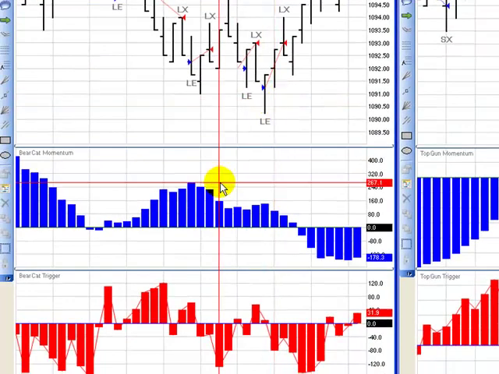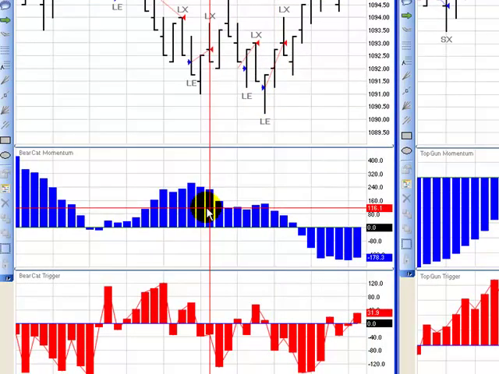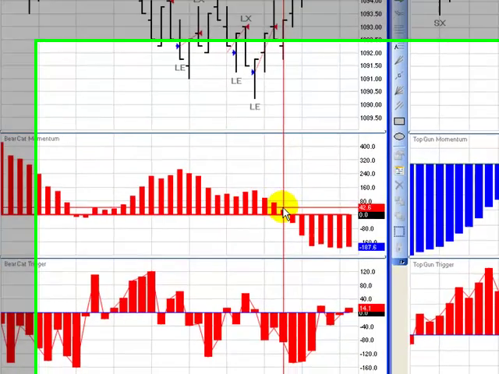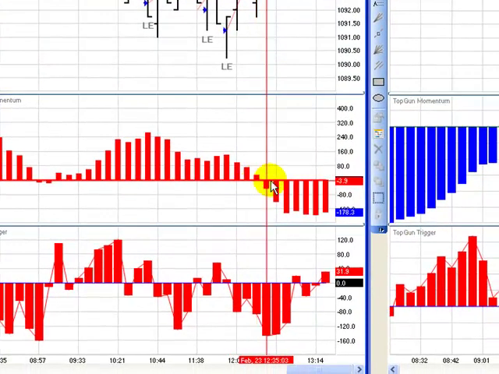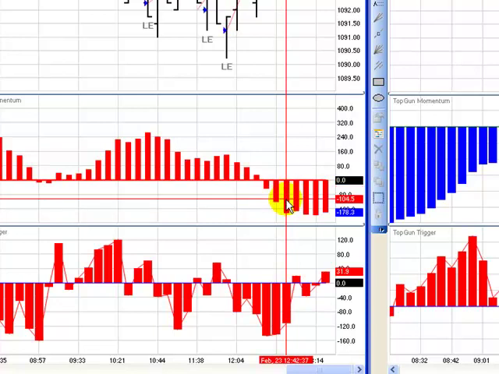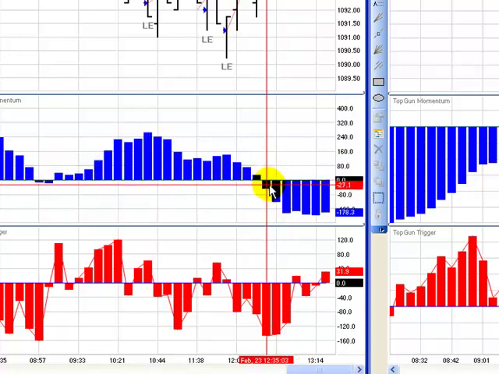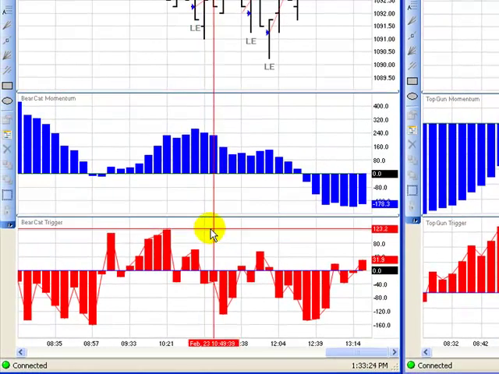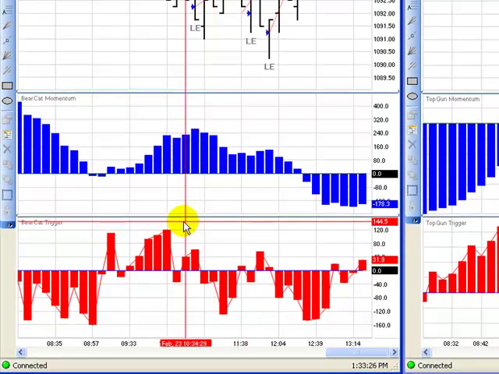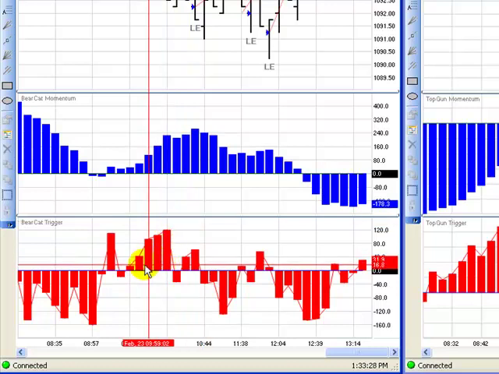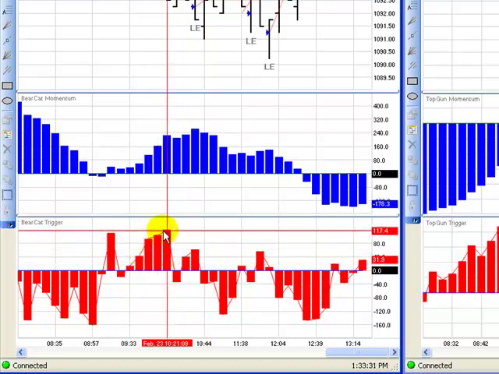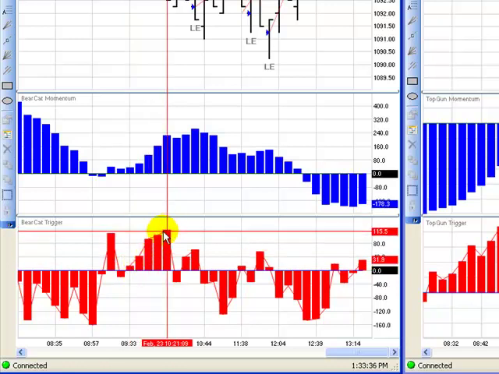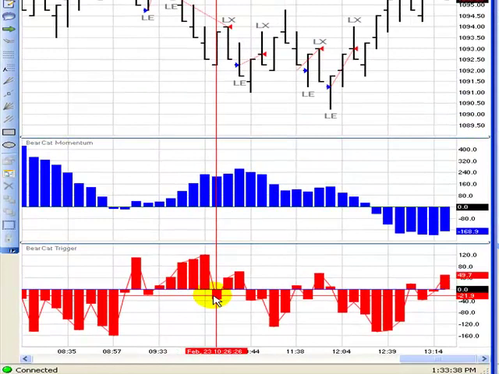Now, how do I read these? Very simple. The blue histogram is our momentum indicator. If it's above the 0 line, you're going to look to go long. If it's below the 0 line, you're going to look to go short. That's all there is to it. Now, the trigger indicator is what gets us into our trades. I'm going to back up to right here. You'll notice that my trigger indicator has been above 0 in these 3, 4, 5 bars right here, and it wasn't until right here that it crossed below 0.